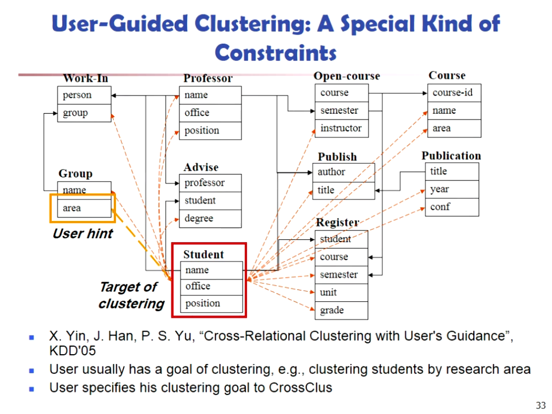User-guided clustering, a special kind of constraints. Here we discuss together this special kind of constraints. A user usually has a goal of clustering students by research area, for example. In this case, the user specifies his clustering goal to cross clustering. In our example, the user hint is the area of research.